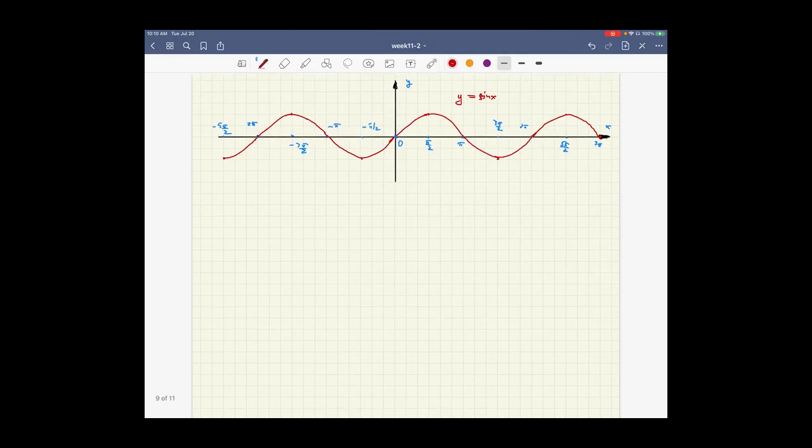If we view our function sine x as defined on the entire real line and think about how to define its inverse, we immediately see a problem, because our function, considering the image and codomain to be the interval negative 1, 1, doesn't pass the horizontal line test.